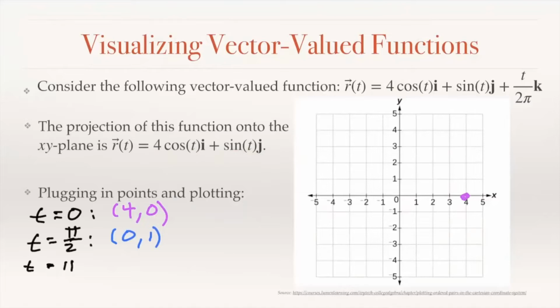When t is pi, then our coordinate is -4, 0. And similarly, when t is 3 pi over 2, then we're at 0, -1.